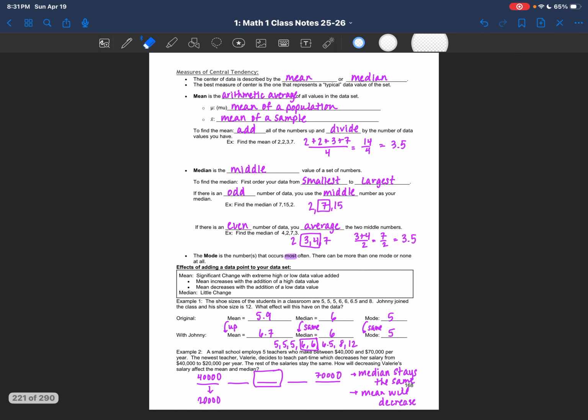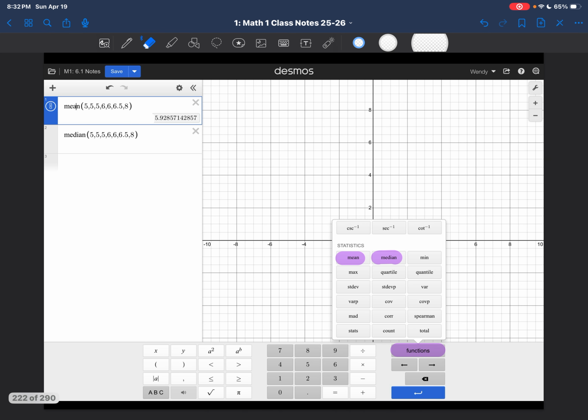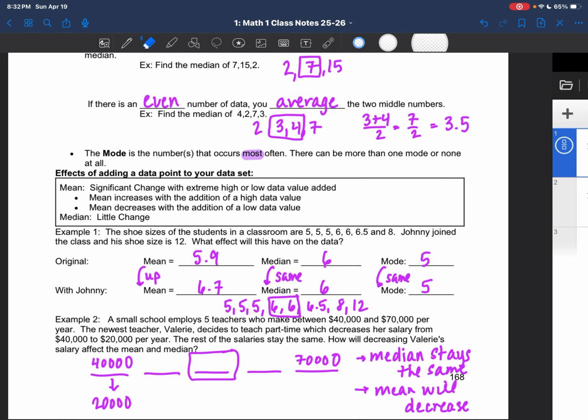And then you can go back, and if you notice, that's exactly what we had here. We just rounded. And then the same thing with the median. We just click a new box, do median, and once you've got your values, press enter, and it'll give you that value. So that's how you would do it on Desmos.